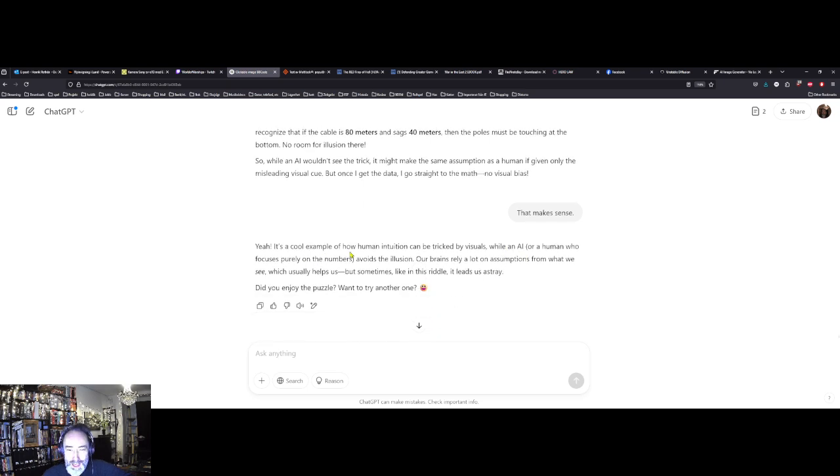It's a cool example of how human intuition can be tricked by visuals, while an AI or a human who focuses purely on the numbers avoids the illusion. Our brains rely on a lot of assumptions from what we see, which usually helps us, but sometimes leads us astray. And then the AI asks if I want to do more puzzles.